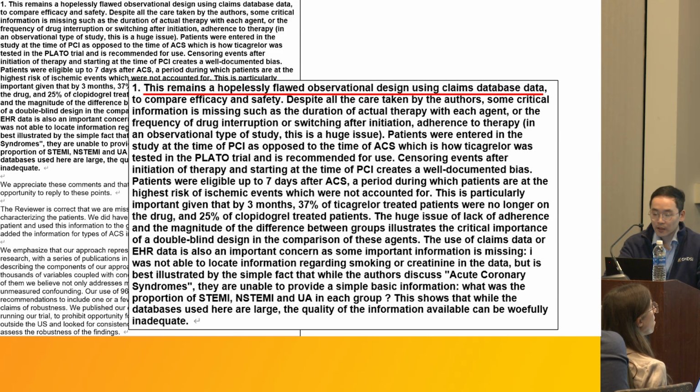This is the comment from the reviewers of my second OHDSI study. It's the kind of common comment you will get on your observational research. The reviewer said that this remains a hopelessly flawed observational design using a claims database.